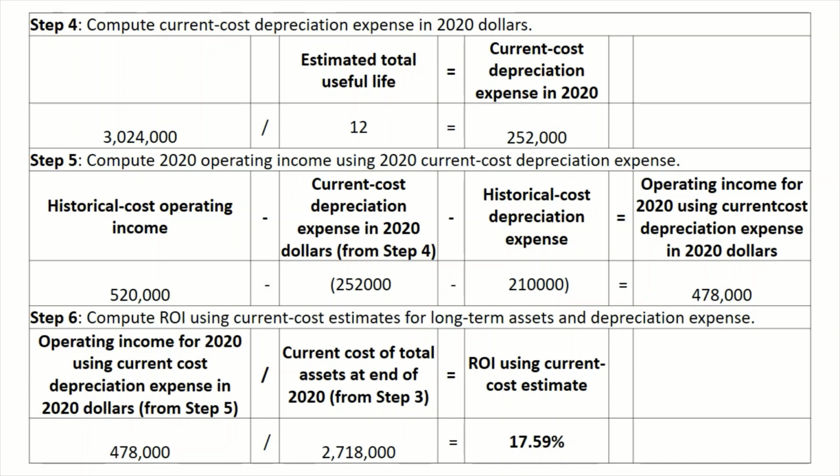According to our example, 520,000 minus 252,000 minus 210,000 equals 478,000.